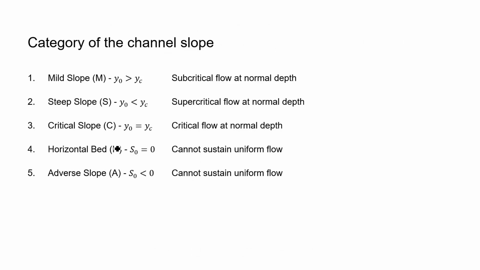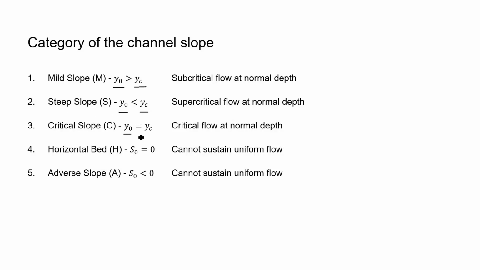So the channel slope is classified into several categories. When the normal depth is greater than the critical depth, that is termed as mild slope. When the normal depth is smaller than the critical depth, it is termed as a steep slope.